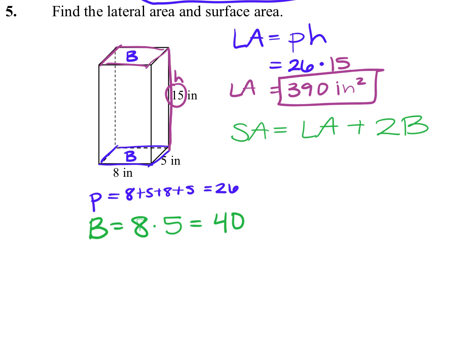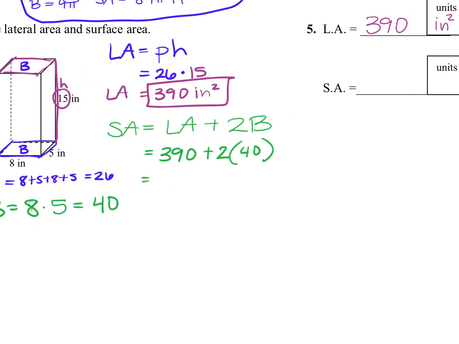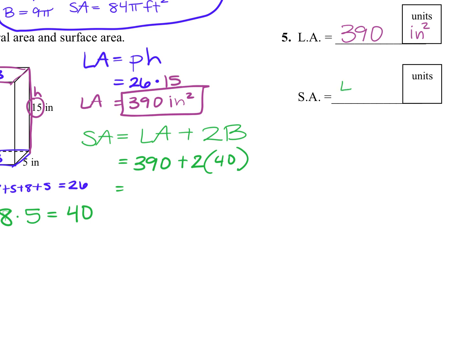Okay, so you're doing the lateral area, 390, plus 2 times the area of your base, which is 40. So 390 plus 80 is going to be 470. So 470 square inches.